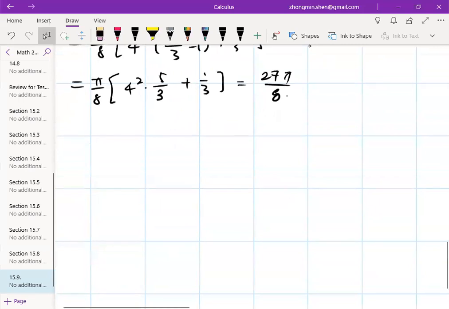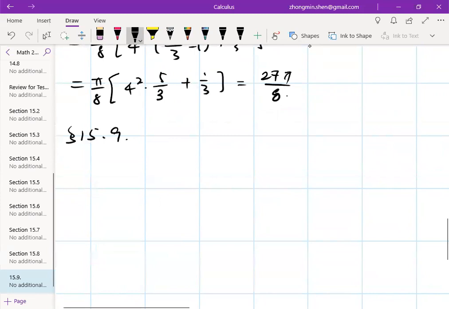All right, now today is section 15.9, and this is about change of variables in multiple integrals. I already discussed that several times.